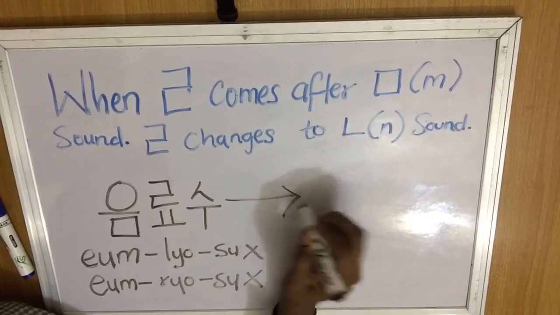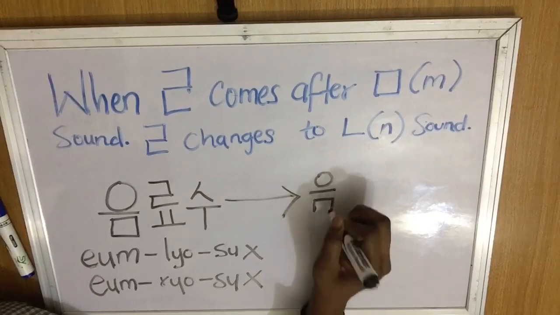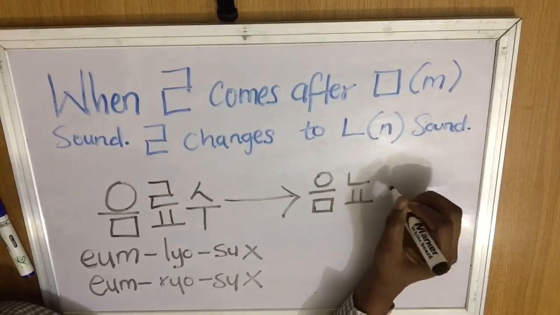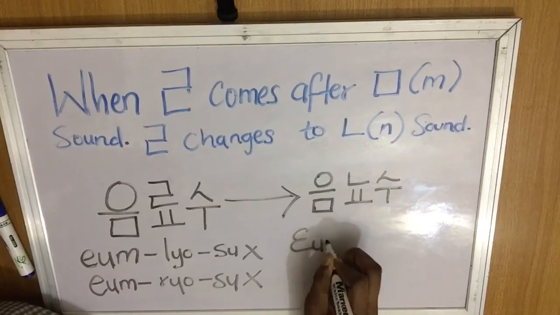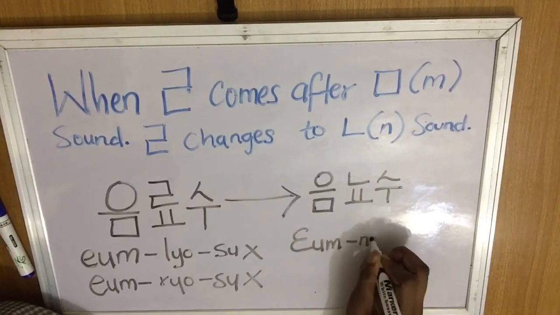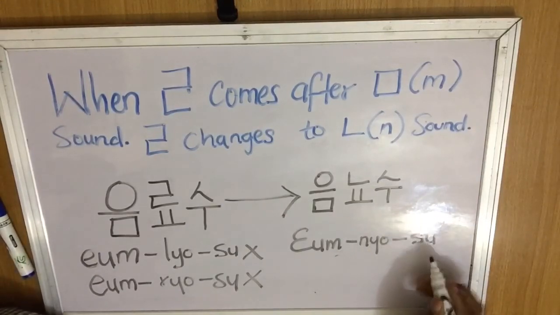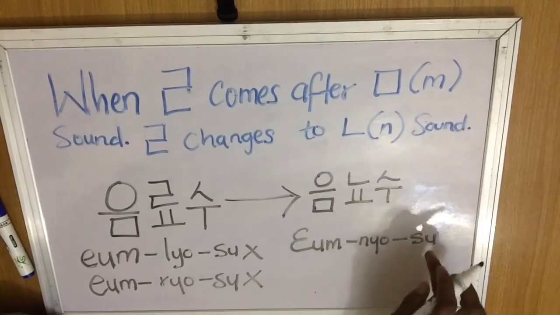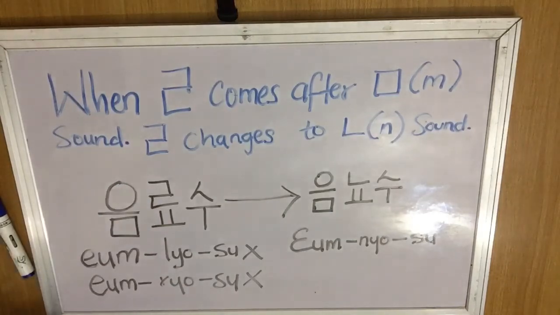So the correct pronunciation for this would be noi, noise, noise, noise, not lois. This is wrong.